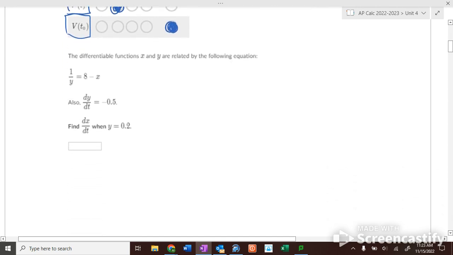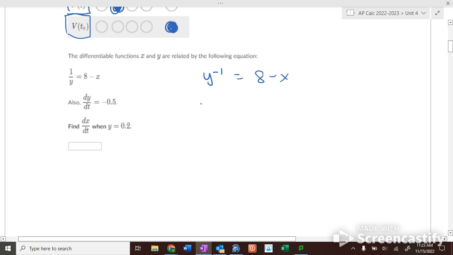The differentiable functions x and y are in the following equation. Find dx/dt. Okay, so when we take the derivative of 1 over y, what's the derivative of 1 over y? Exactly, because this is y to the negative 1.